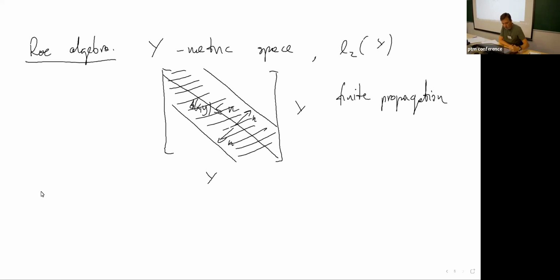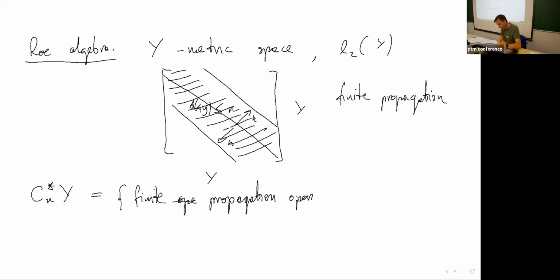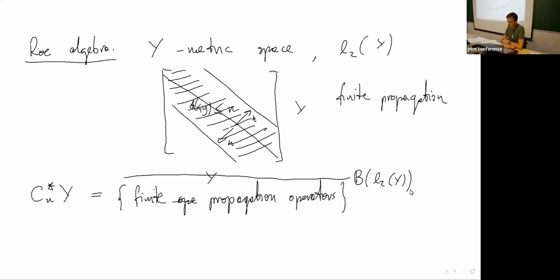And the Roe algebra, the uniform Roe algebra, is simply the closure of these finite propagation operators in the algebra B of L2 of Y. Okay, so this is the Roe algebra.